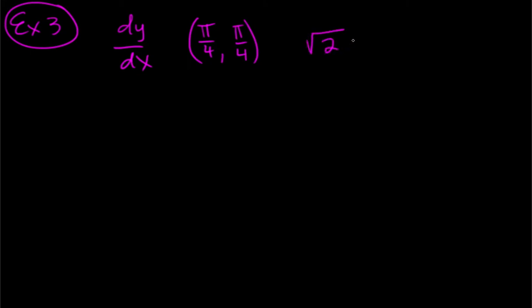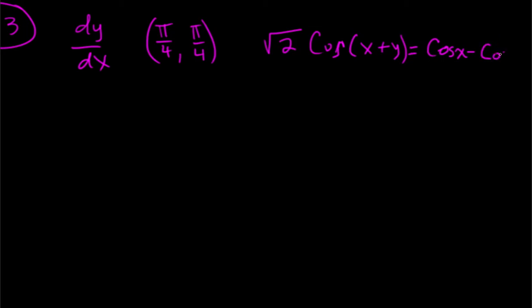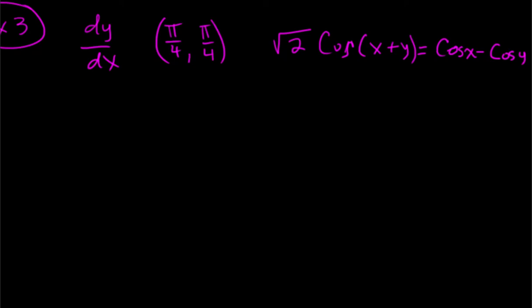So square root of 2 cosine x plus y cosine x minus cosine y. Let me just double check that's right. Cosine x minus cosine y.